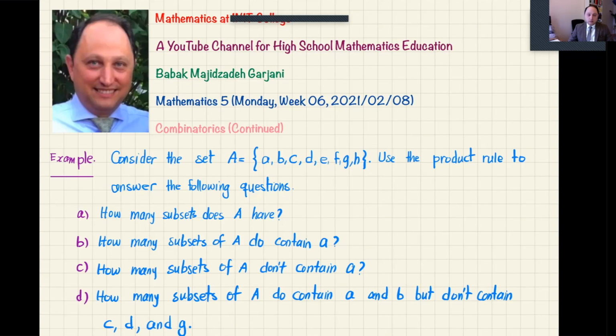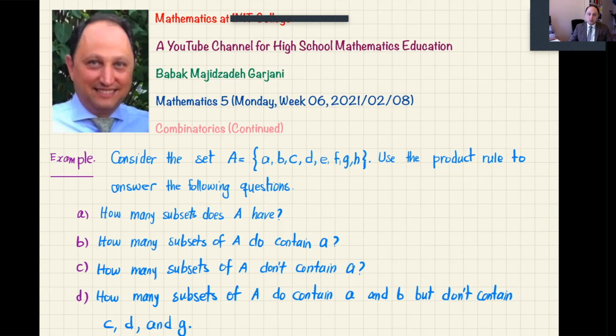What I'm trying to say, even if you are lazy to write all the details on the paper, don't be lazy to go through it in your brain. It means that if you want to use the product rule or the generalized product rule, you need to define a task first, so that this task can be broken down into a number of stages, and then see how many possibilities there are for each stage.